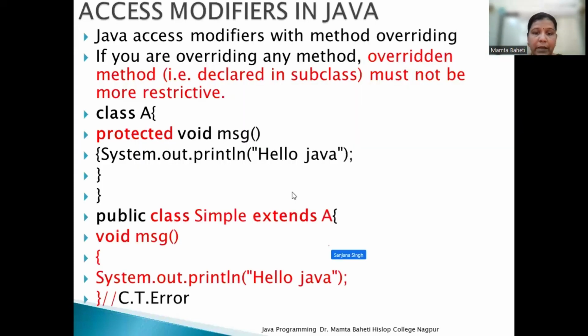There are certain examples listed here. For example, a method named MSG is protected, and class Simple extends class A. Now if I write void MSG again, the same method, it will give a compile time error, because if you are overriding any method, the overriding must not be more restrictive.